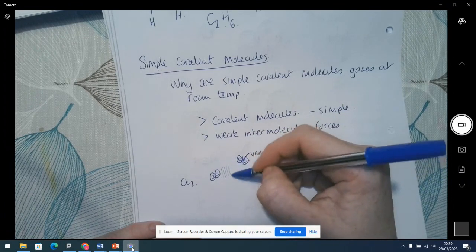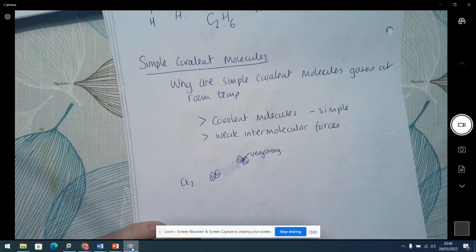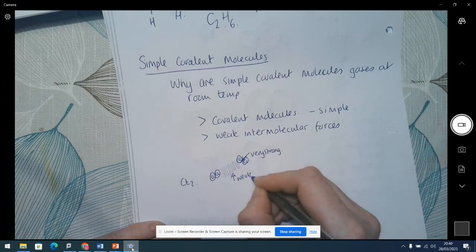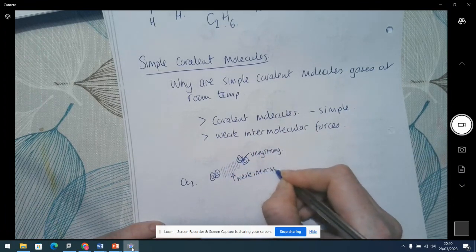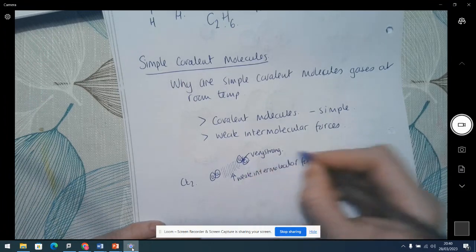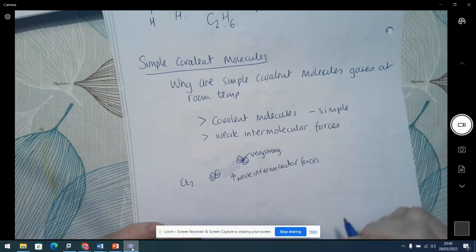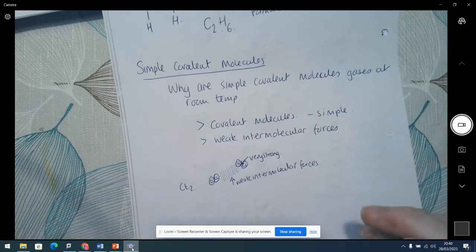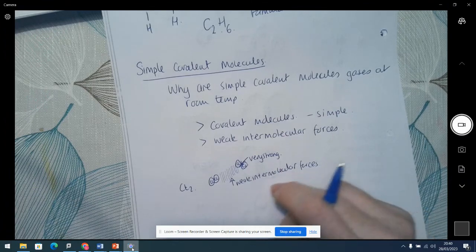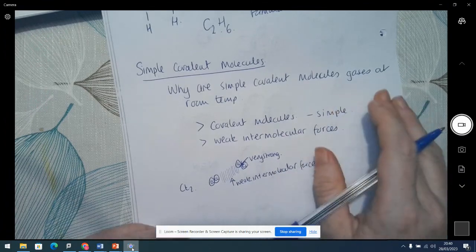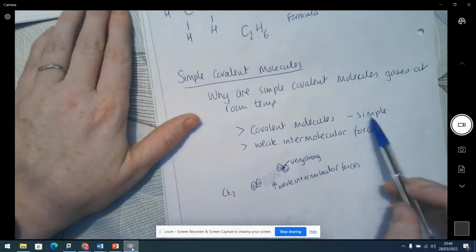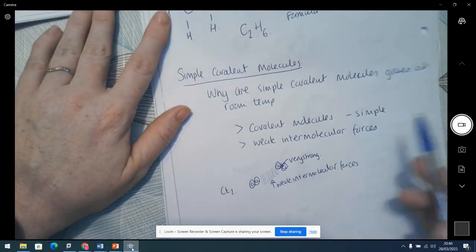But between these molecules, there is what we'd call a weak intermolecular force. So in other words, it's the force between the molecules that is weak. So when I come to heat up the substance, these forces are easily overcome, which is why they're usually gases at room temperature.